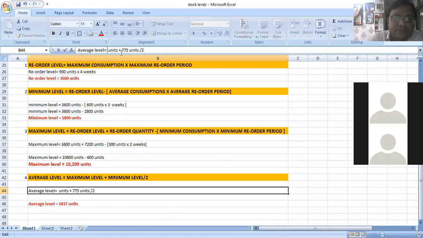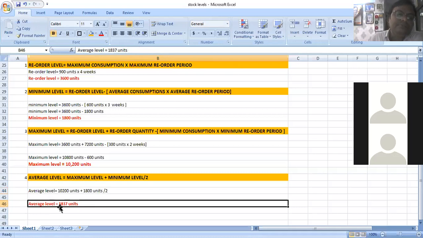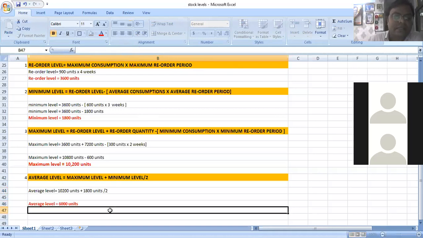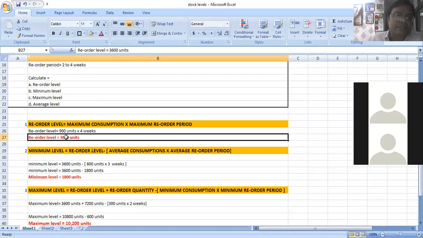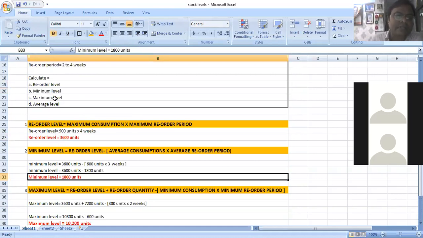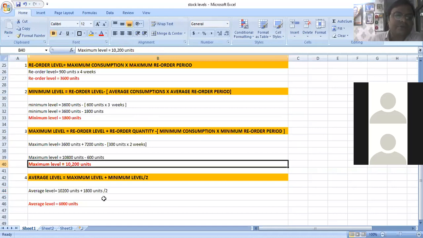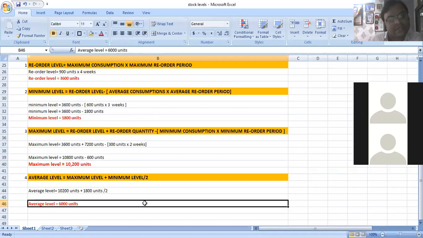So here, 10,200 plus minimum level. The minimum level I found out is 1,800. Divided by 2, how much does it come to? 12,000 divided by 2, so the average comes to 6,000. So the answer to this question is reorder level 3,600, minimum level 1,800, maximum level 10,200 units, and average level 6,000 units.